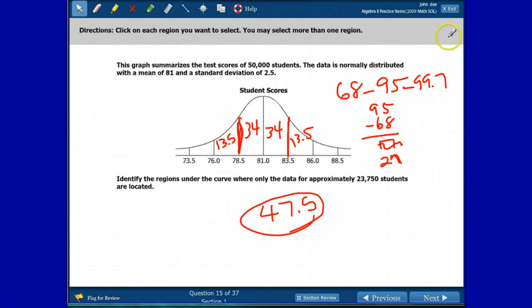You could have picked this one and this one. It's going to be one of those click-the-area type things, so when you click it, it'll highlight. You could pick these two, or you could have picked these two. As long as it totals 47.5, you're good to go. Either one of those would have been right. So there's no one right answer. There's two right answers.